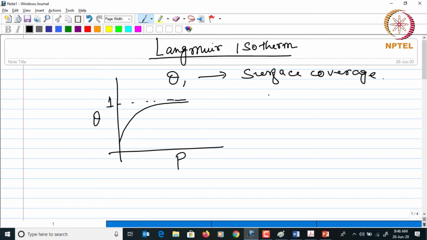The corresponding equation for this isotherm is given by this. Right, so when it saturates and theta becomes 1, that means the entire surface is covered by the gas molecules and a monolayer is formed, right?